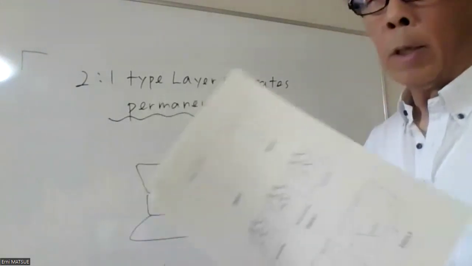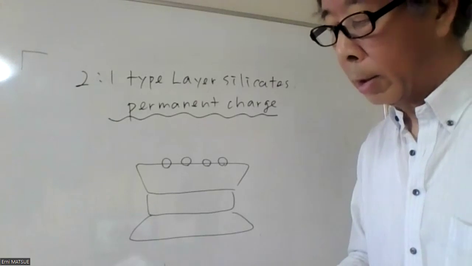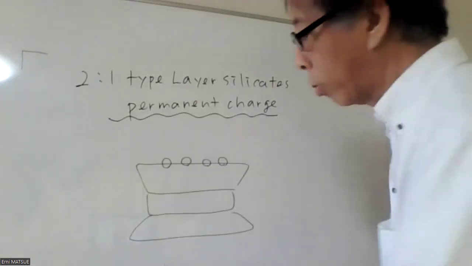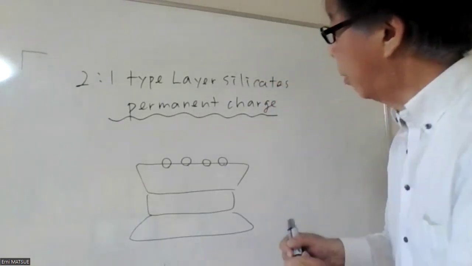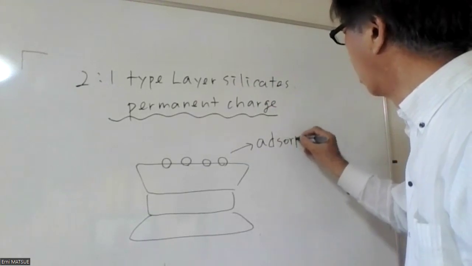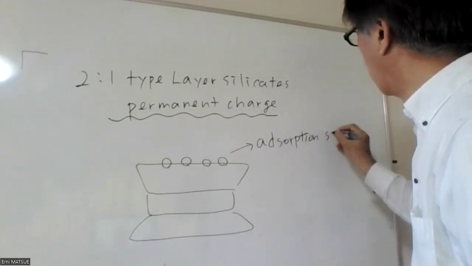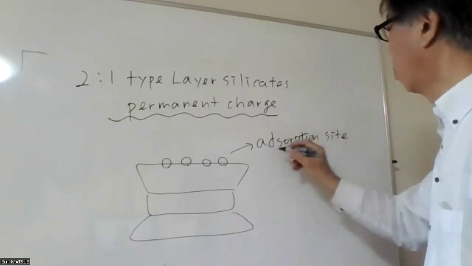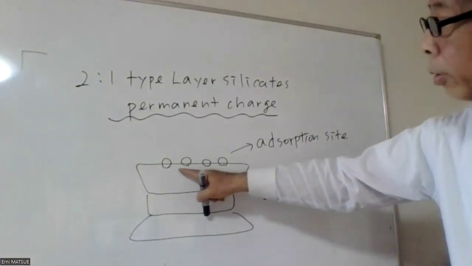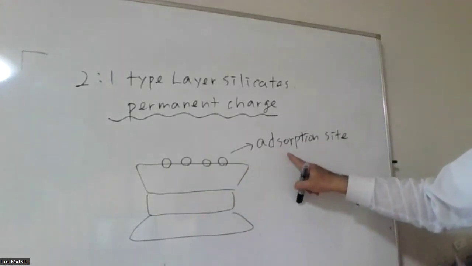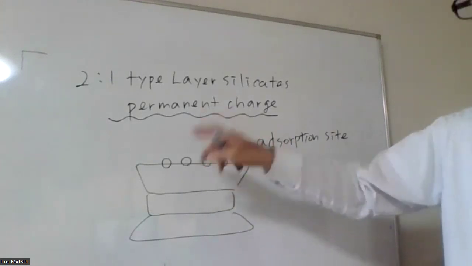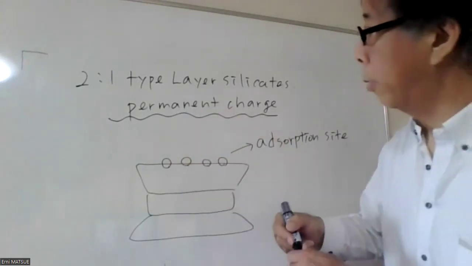So this is the calculation result by a quantum chemical calculation. But still, the surface oxygen is the adsorption site because they exist on the surface and carry negative charge.